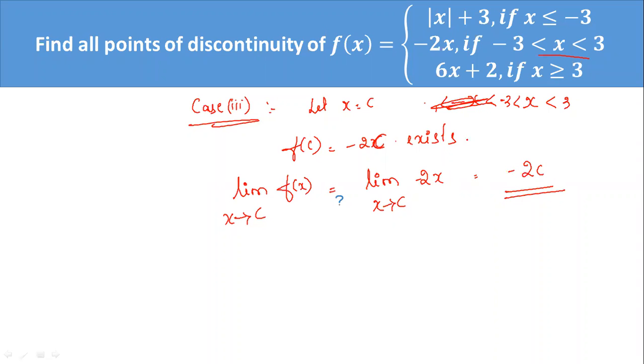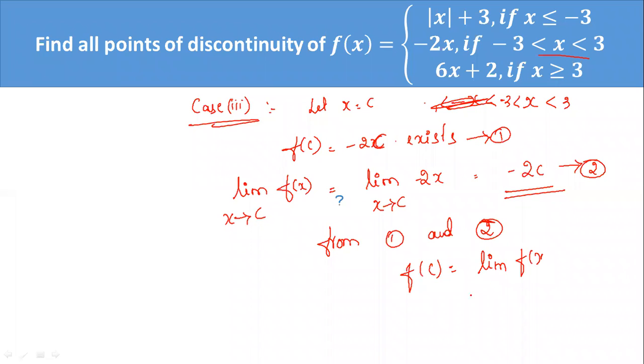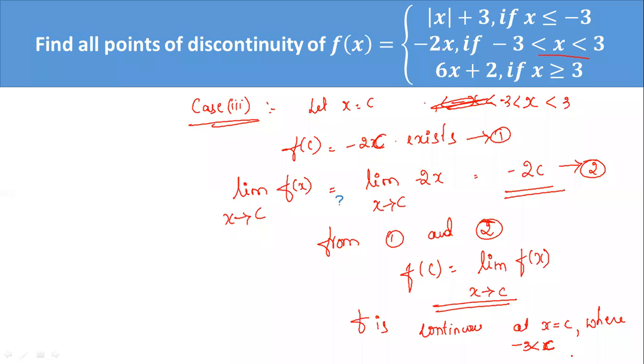So from 1 and 2, what you can conclude, students? f of c is equal to limit of f of x as x tends to c. So f is continuous at x is equal to c, where your c lies in between minus 3 and 3. Okay, so this is the third case.